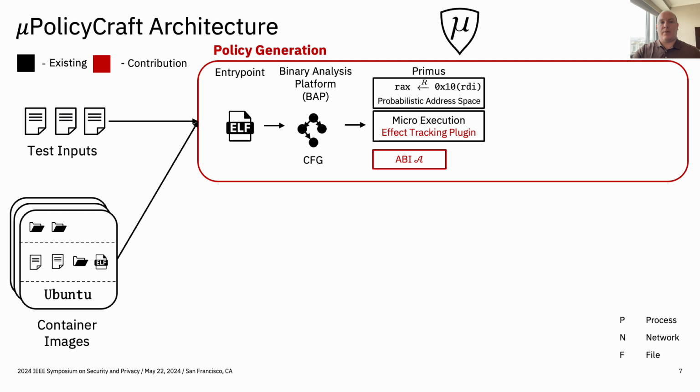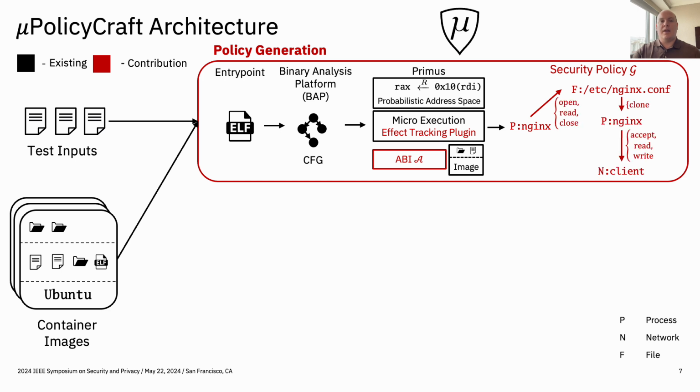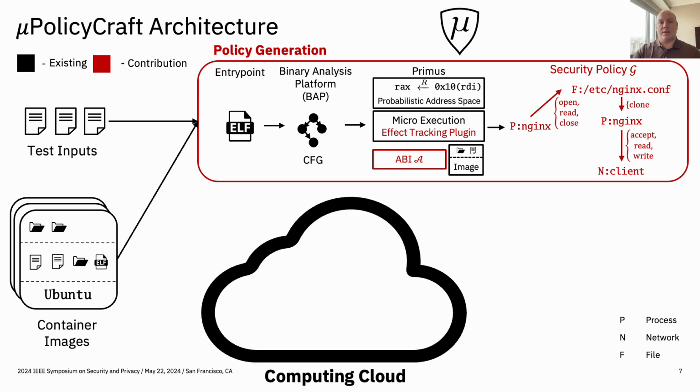This microexecution framework is able to abstract external library dependencies through an application binary interface, which we implemented and improved upon from the existing sources within Primus, and also makes use of the configuration files and library dependencies present on each layered file system container image. The result from microexecuting each entry point within Primus then yields a stateful security policy which summarizes both the system call sequences that we observe during microexecution, in addition to concrete arguments passed to each system call.